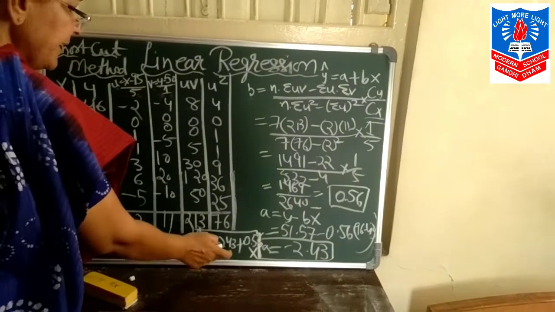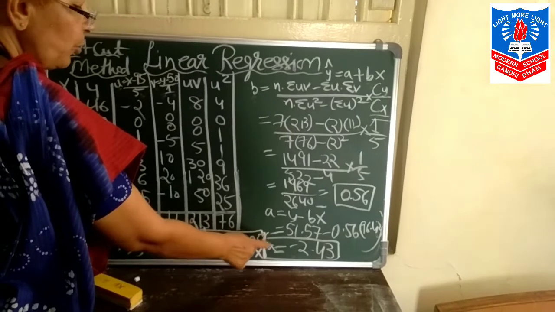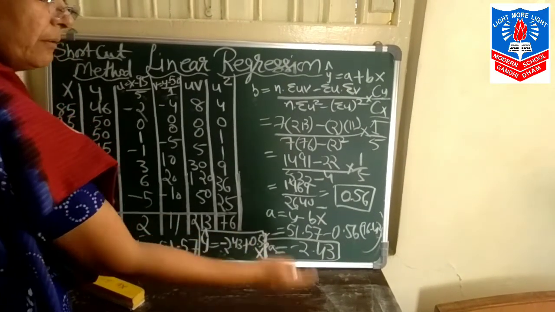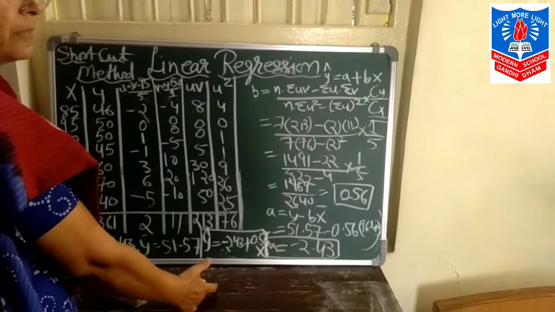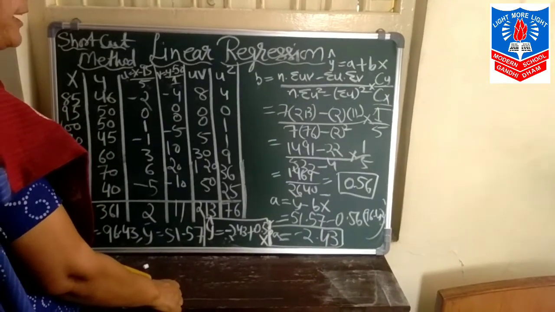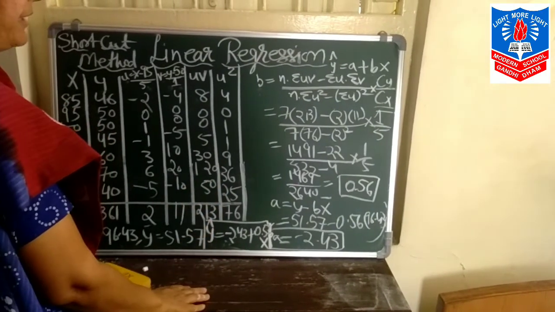So this way the estimated value of y is minus 2.43 plus 0.56x. Now if in the question the value of x is given, we can find the estimated value of y, or in some questions it can be asked where the error also we are supposed to find. Now in this question it is only the y on x regression line, so here we have done it.